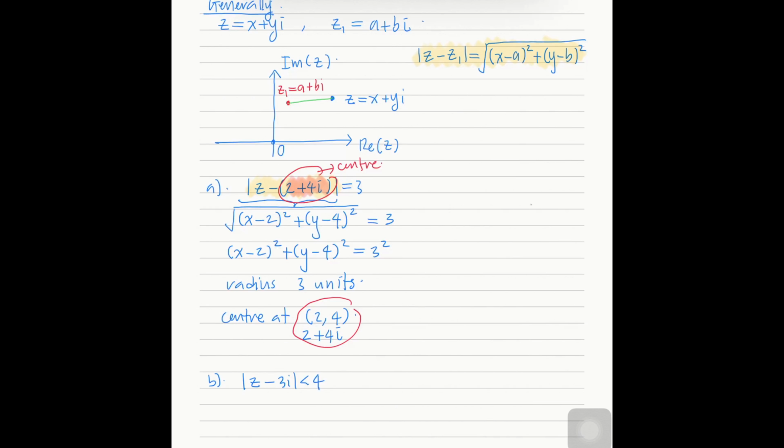Alright, so now let's sketch it. Referring to this circle equation, we draw the circle.